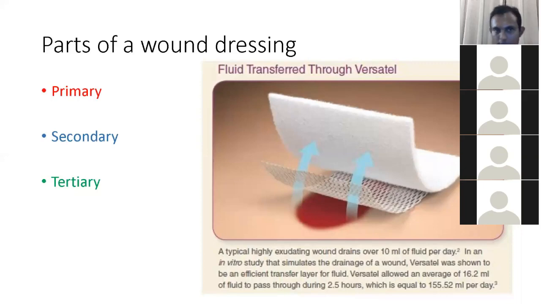The other thing that we have to know before discussing how to choose dressings is what a dressing is. What are the components of a dressing? There is a primary dressing which goes on top of the wound bed, which touches the wound bed.